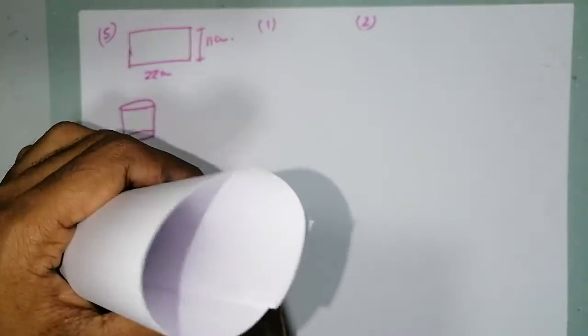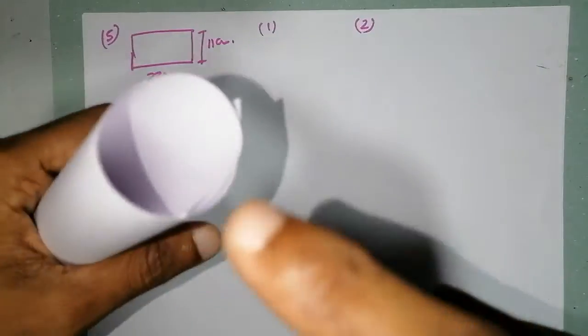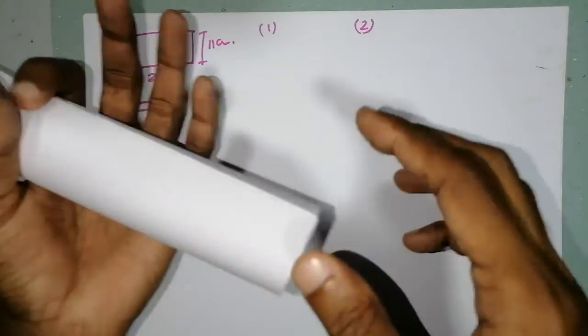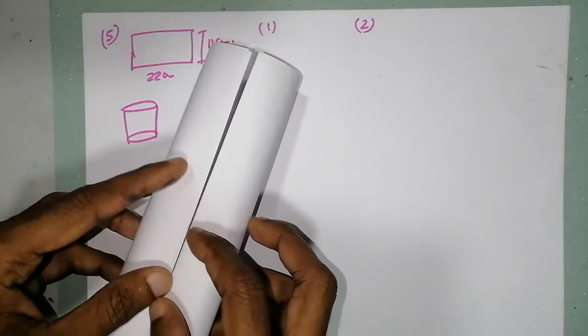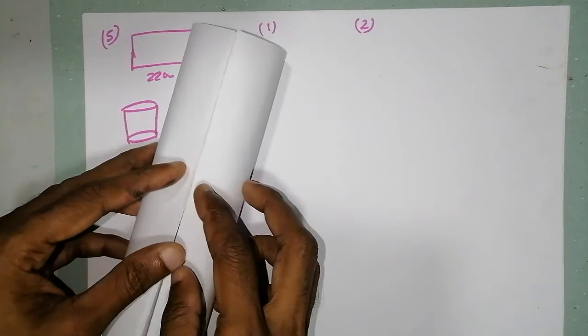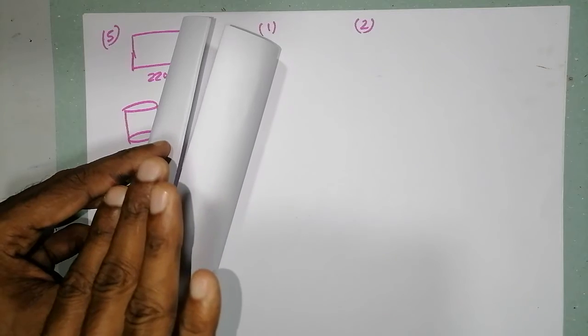So if you have a sheet of rectangle, you can have a cylinder. If you connect the length, the curved edge is created by the length.